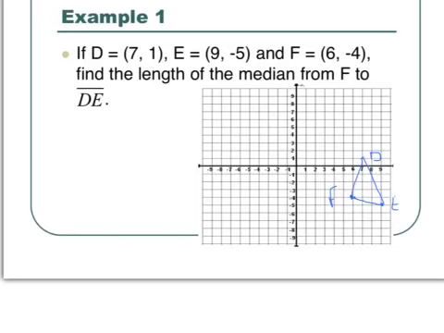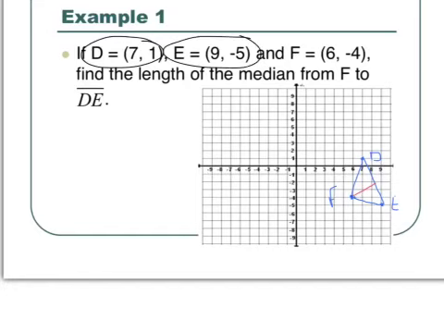Alright. So now it says I have a median from F to DE. Well, that's going to be something like this. Okay? But I don't know what point that's going to be at. That's the only issue. So first thing I'm going to do is find the midpoint of DE. So I'm looking at these 2 points right now.